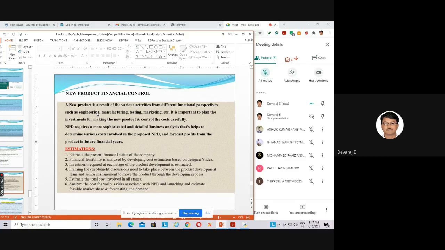After design is okay, then you will go for manufacturing, testing, marketing. Marketing is nothing but how you will promote your products to the market; that is called advertisement. For that also you should invest money.